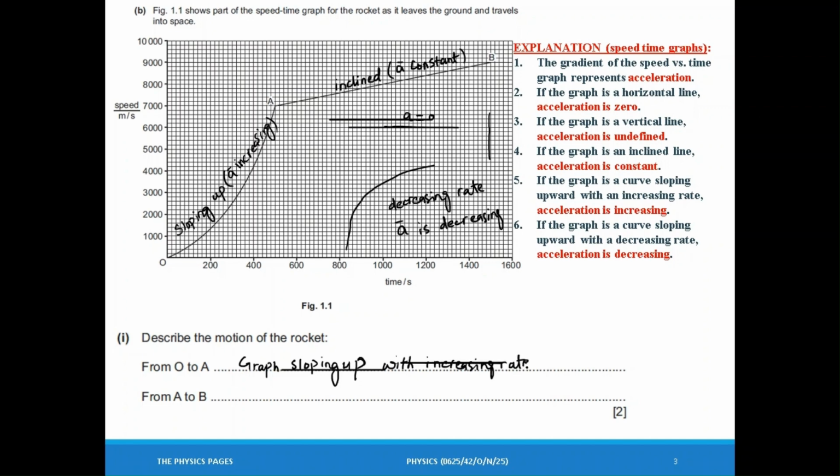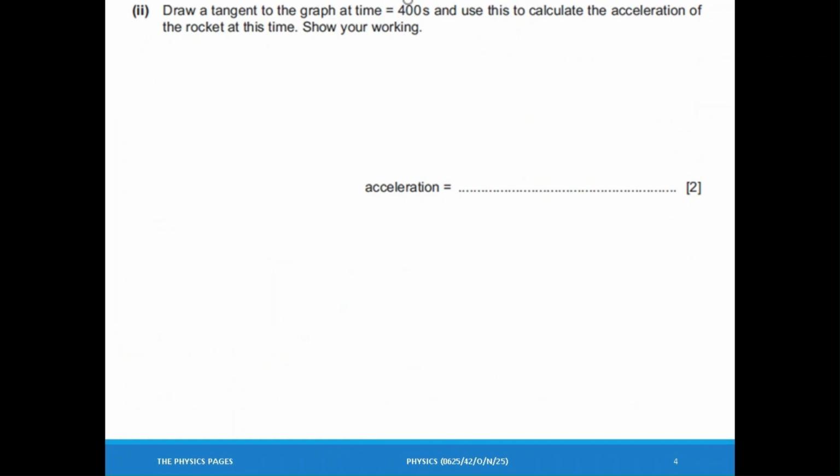When this is happening, we say that acceleration is increasing. On the other hand, from A to B, it is an inclined graph, so acceleration is constant because speed is increasing at a constant rate. Acceleration is increasing from O to A and acceleration is constant from A to B.